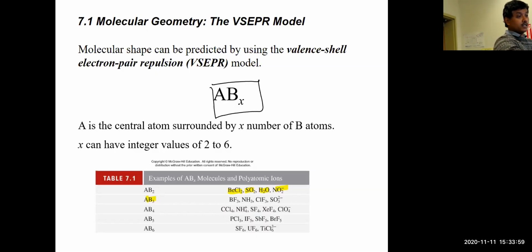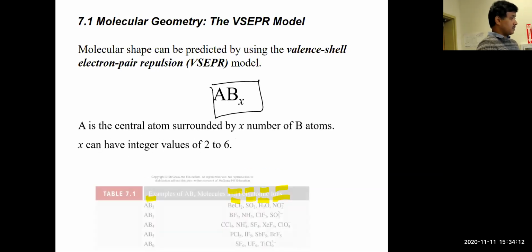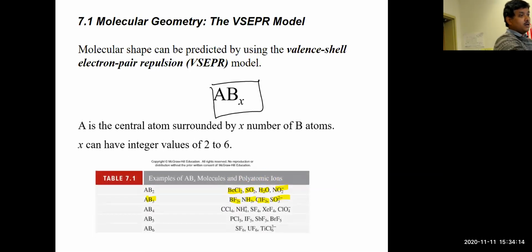Those examples you can say like BF3 and H3, ClF3, and SO2 minus. And similarly, you can say AB4, when the central atom is connected to 4 atoms, here are the examples of it.